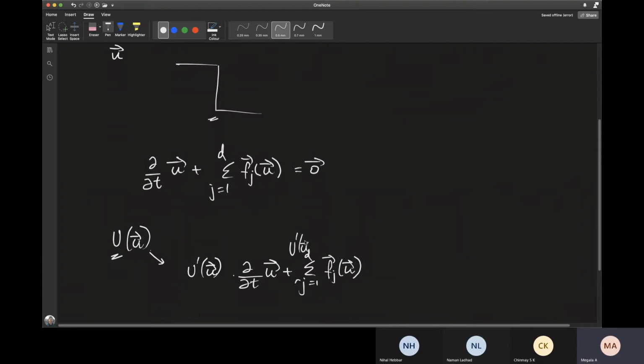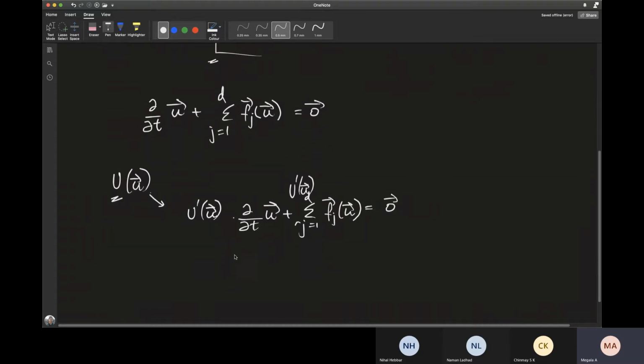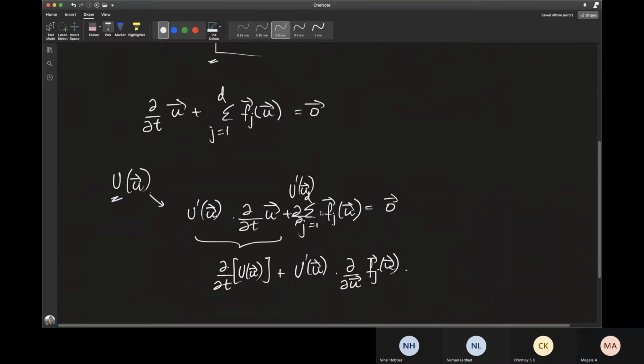Here you get U prime of U vector times the derivative of the flux vector fj with respect to x.